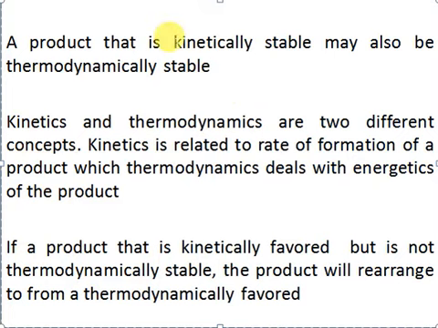If a thing is kinetically stable, it may or may not be thermodynamically stable. So always remember, kinetics is related to the rate of formation of the product, while thermodynamics deals with energetics. If a product is kinetically favored, meaning formed at a faster rate, but that product is not thermodynamically stable, then the product will rearrange itself to form a thermodynamically favored product.